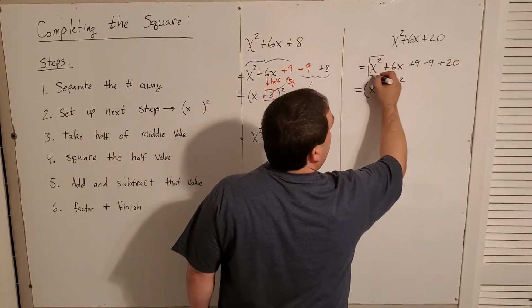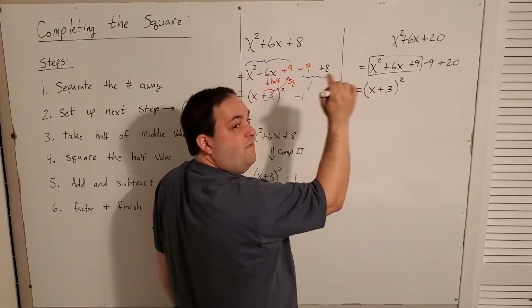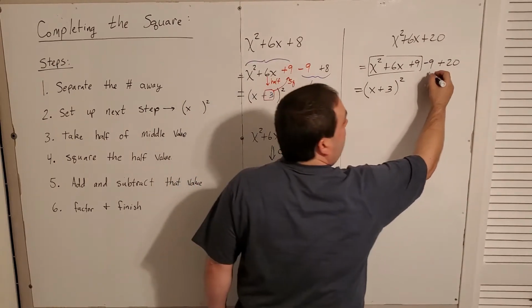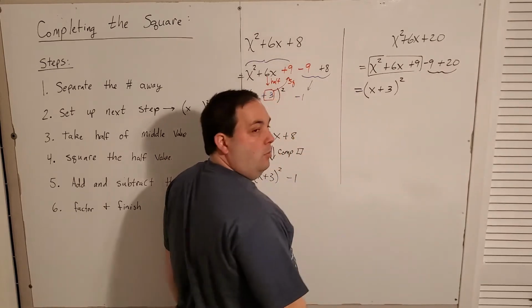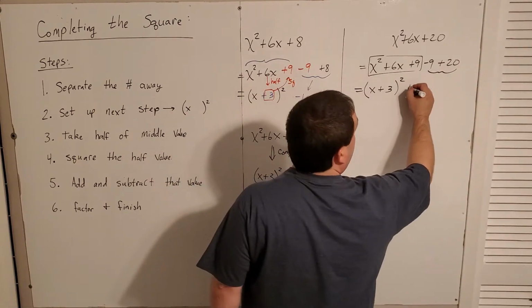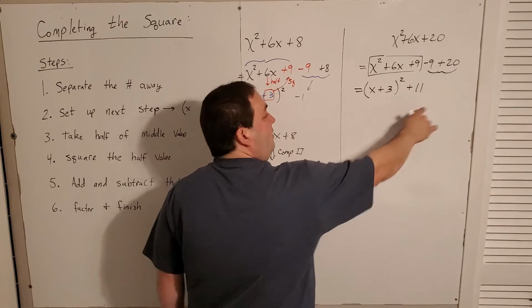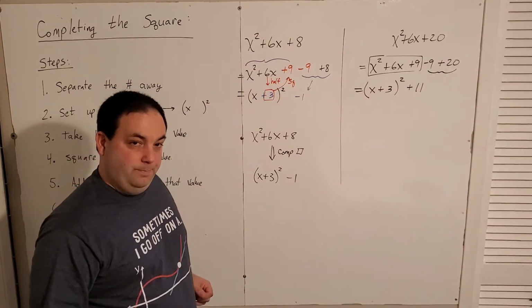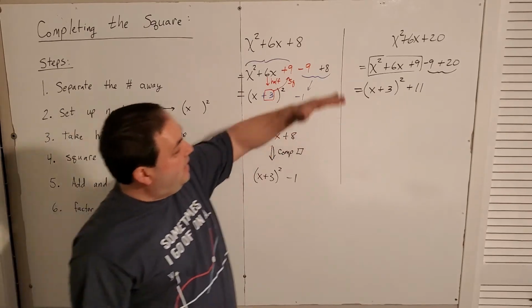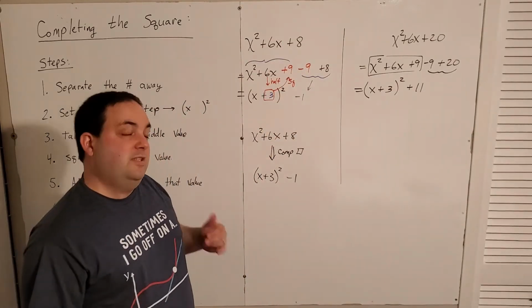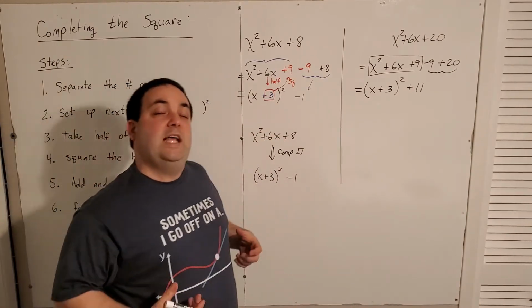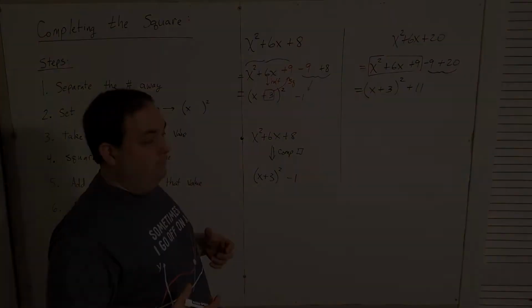These 3 pieces right here are already factored in the next step. There they are. So the only thing that's left is negative 9 plus 20, right? Plus 11. There is my completed square expression. It is 100% equal to the original x squared plus 6x plus 20. It's in a new format now that has less occurrences of x.